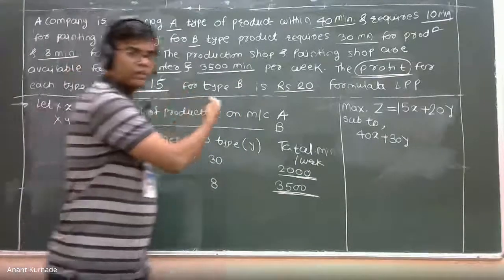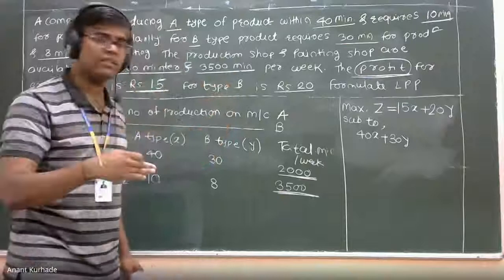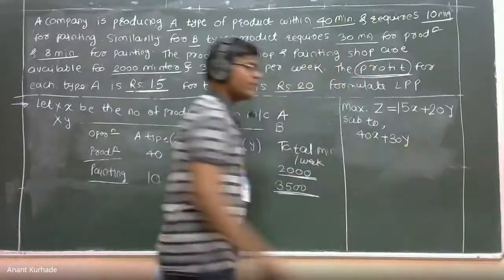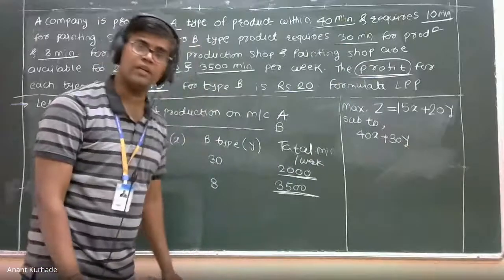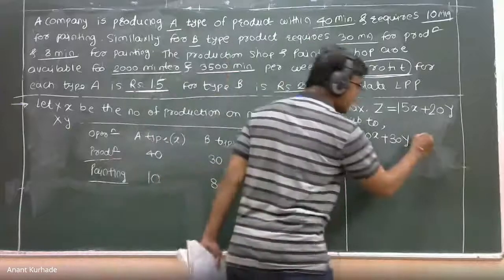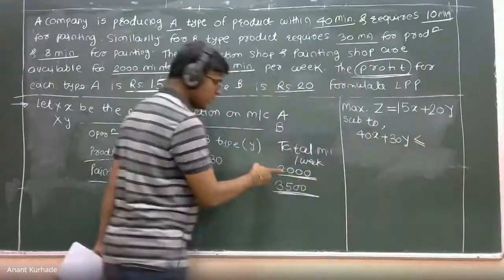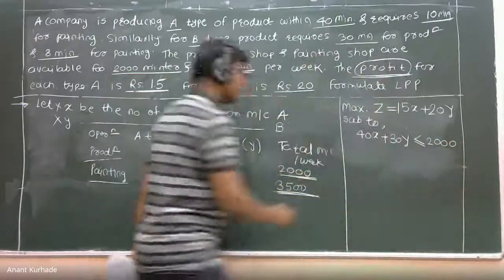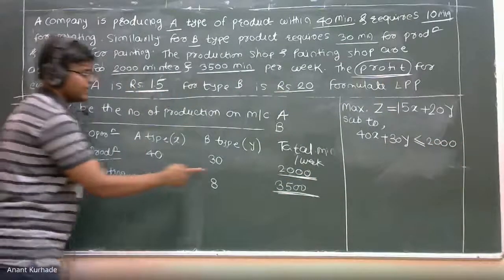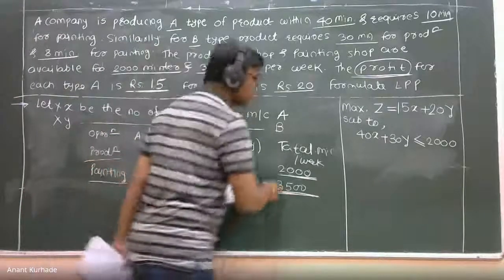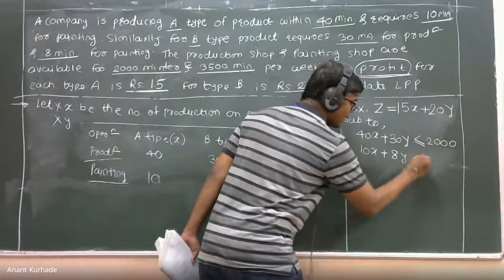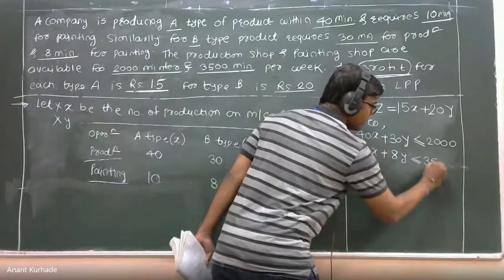Tell me whether this constraint is equal to, less than, or greater than. Less than or equal to. Okay, so you can write less than or equal to 2000. This one 2000. And the second constraint, 10X plus 8Y is less than or equal to 3500.